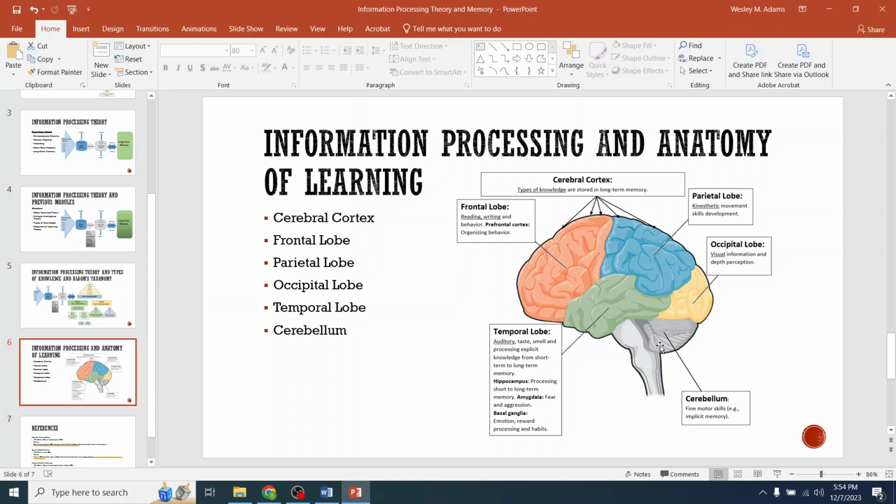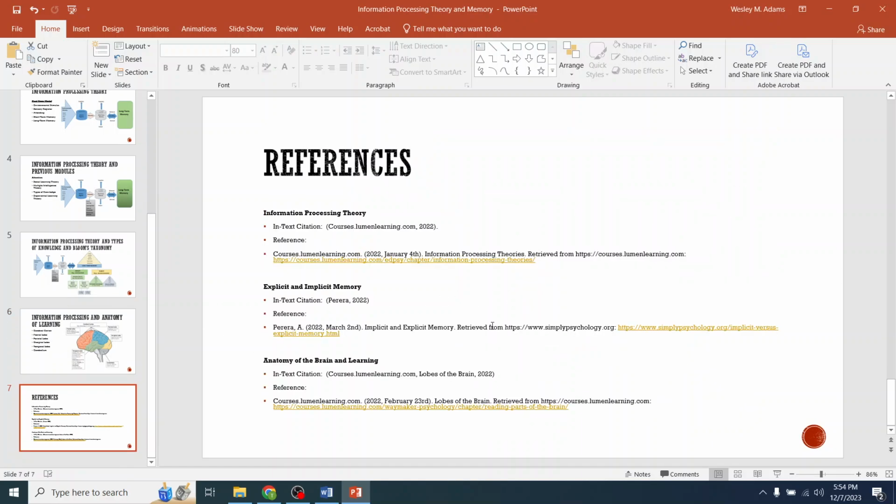We talked about where implicit was happening, where explicit was happening in the brain. That gives you the big picture items. Here are some references on information processing. Here is a reference on anatomy of the brain that you can go in and look at the lobes of the brain and what's happening and get more information.